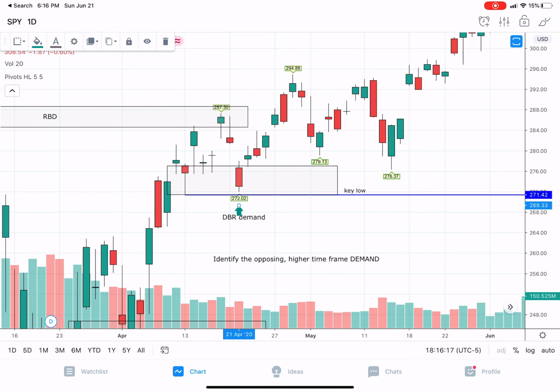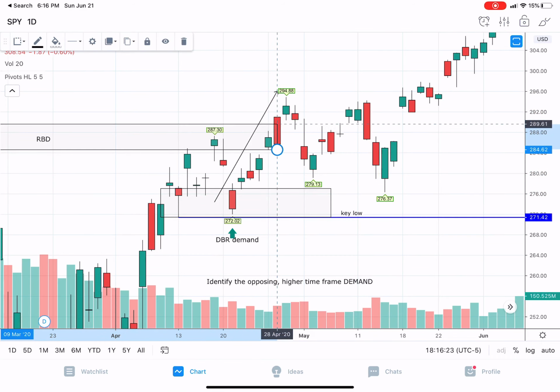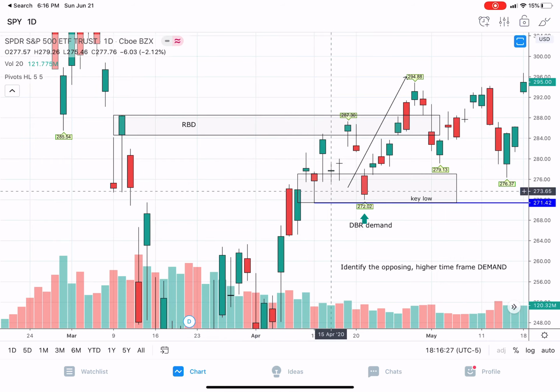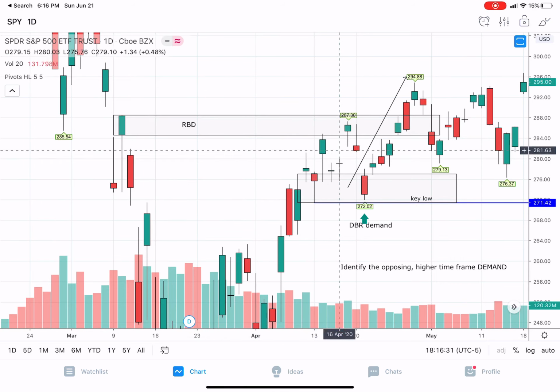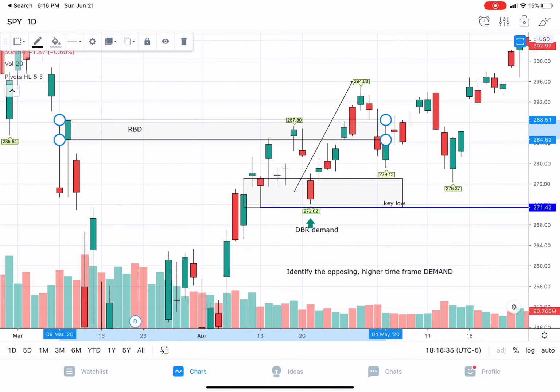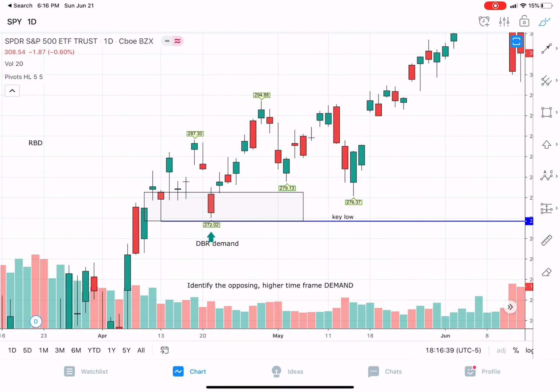Huge bear trap, higher high, and then price explodes up, and we can break this previous supply because it's no longer fresh, right? Look at this. The first rejection of supply, you get moved down. Second test, you get a move up, and it makes another higher high, but it forms supply in the meantime.